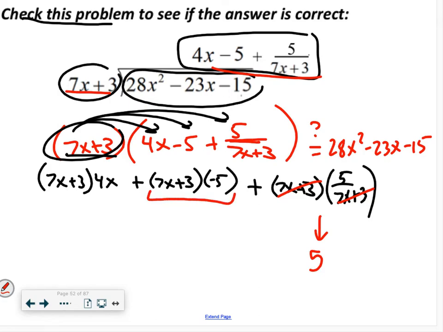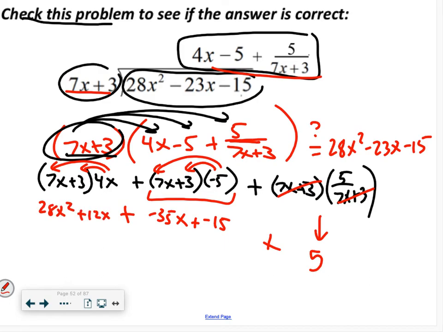So now these two, I get distributing. Now again, I get negative 35x and negative 15. And distributing here, I get 28x squared plus 12x. So now I combine the like terms.